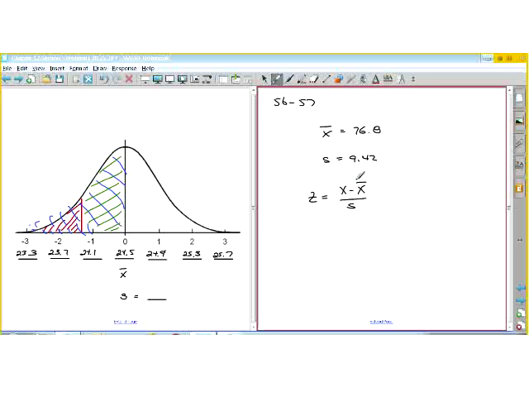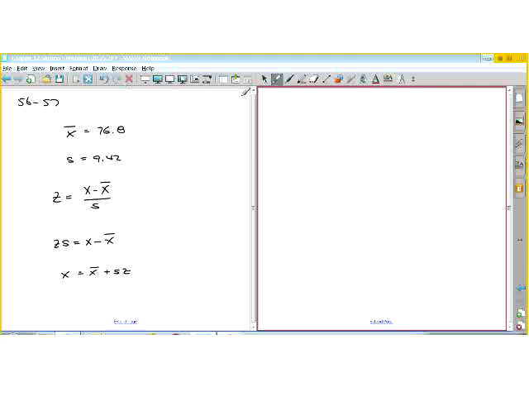So that's the formula, and if you multiply both sides by s, you'll get z times s is equal to x minus x bar, and then we add x bar to both sides, so we get that the value is equal to x bar plus, that's not 2, that's z. So I'll change the order, s times z.